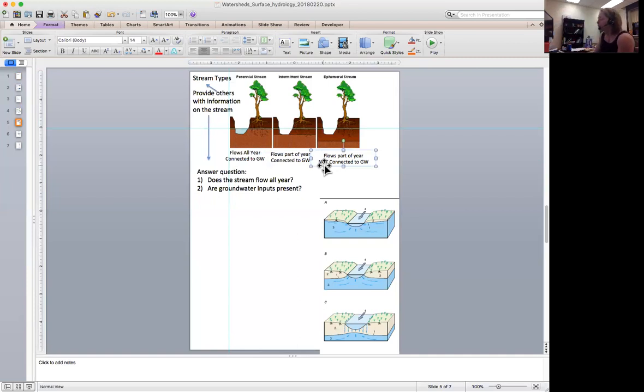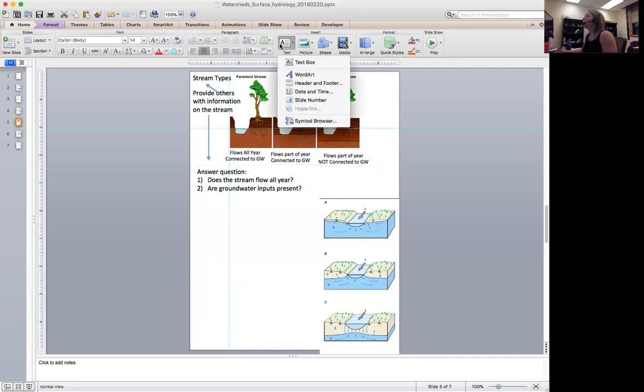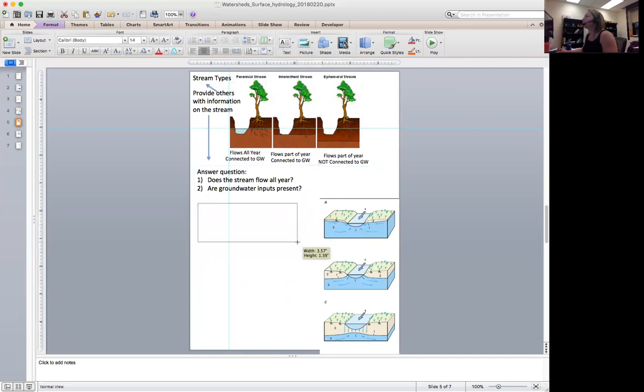Now, when we talk about all of these kinds of flow systems, we can characterize what's called the groundwater, surface water interactions that are taking place. And we'll have more conversations about that as we move on, but we need to have a general idea of what these groundwater, surface water interactions look like.